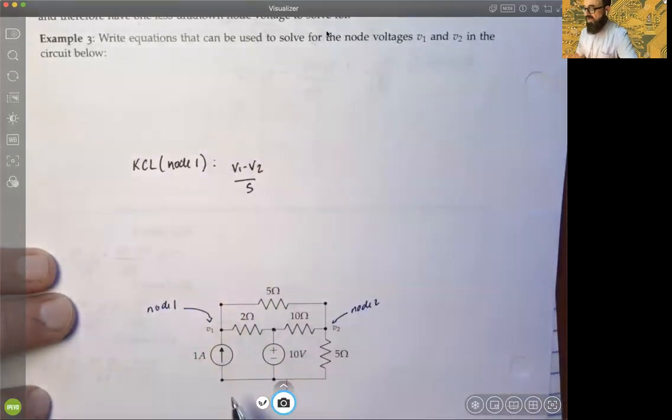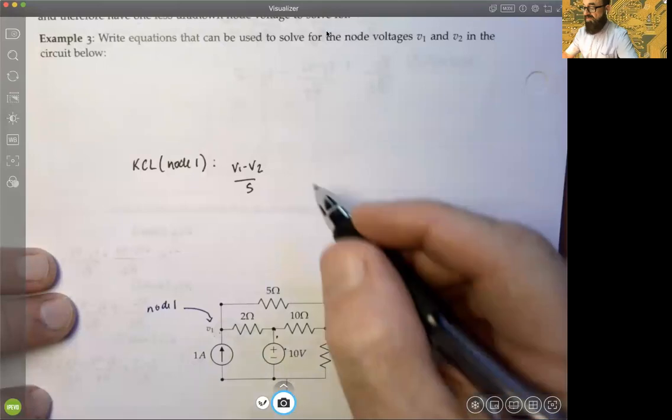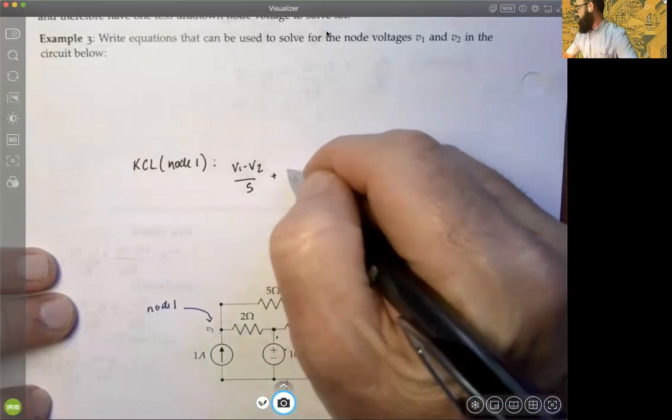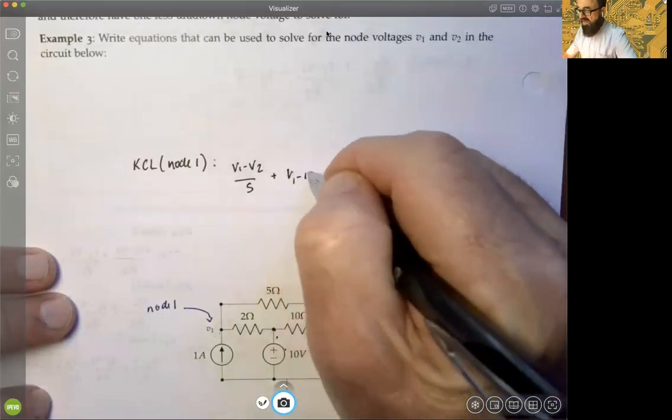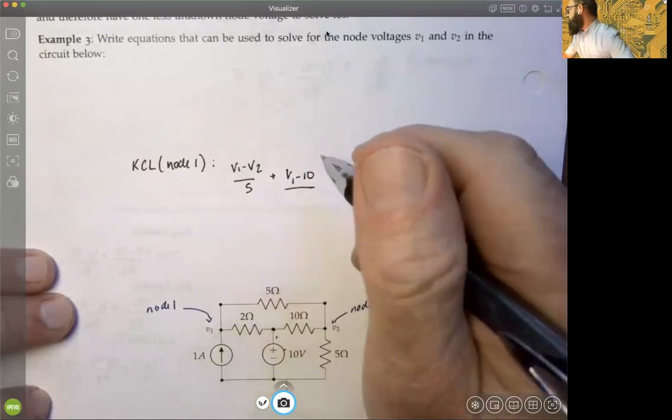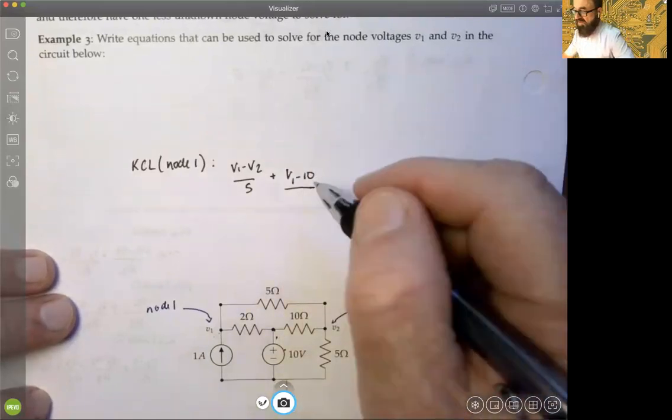If we were representing the current coming directly to the right, going from node 1 through the 2 ohm resistance to the voltage here, and again, we know the voltage here is exactly 10 volts, then we would have V1 minus 10 over the resistance, in this case 2 ohms.